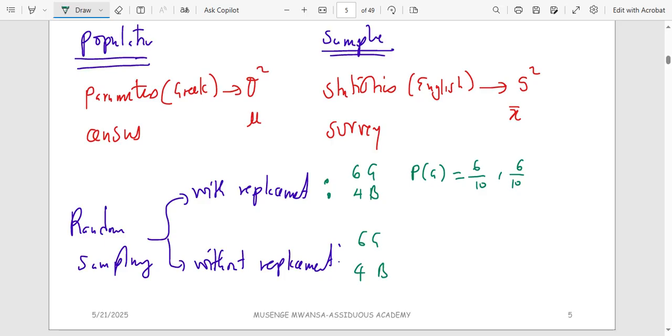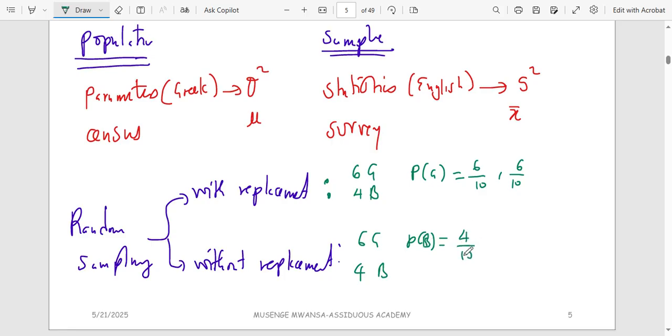Okay, so let's say you have got these people, or these balls. Six of them are green, four of them are blue. For the first pick, the first ball that you pick is, let's say, white, or let me say blue, I don't even have white here, so the probability is going to be 4 out of 10.